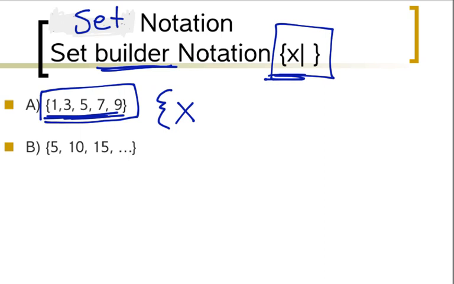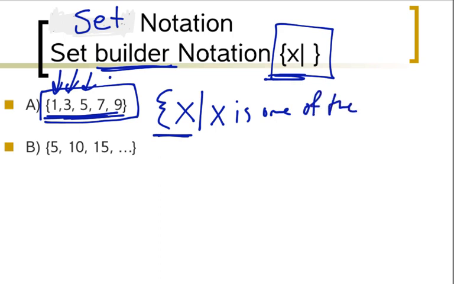I'm noticing that I've got odd numbers, and it goes 1, 3, 5, 7, 9. So it looks like it's the first 5 odd numbers. So that's how I write it. I define the set saying x such that x is one of the first 5 odd numbers. Okay?